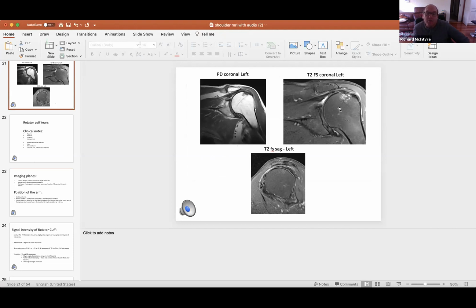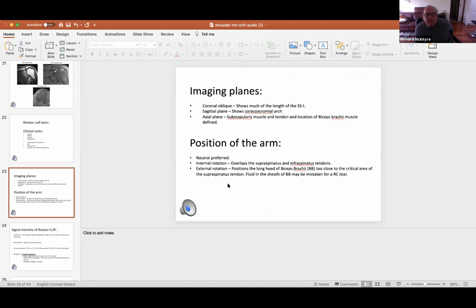If I do the patient in a routine position and I see that signal may be coming from either, then I'll repeat it with an internal rotation.